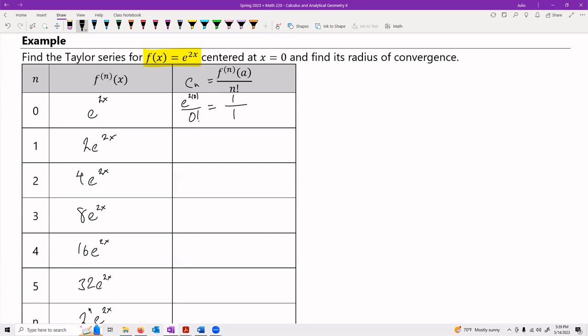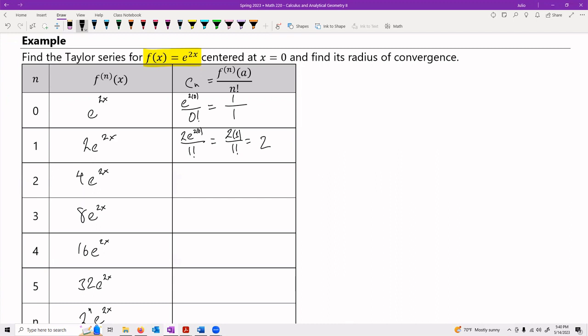Next one, 2e to the 2 times 0 over 1 factorial, 2 times 1 over 1 factorial, which is 2.